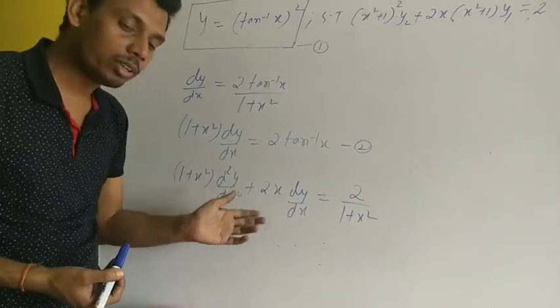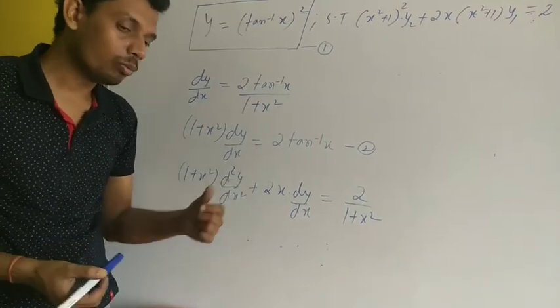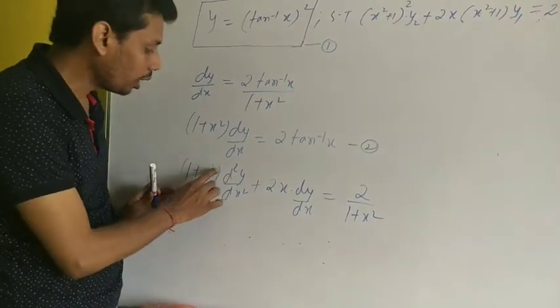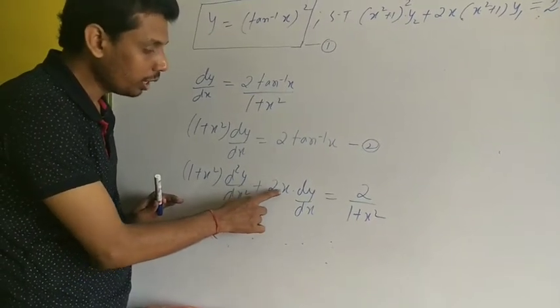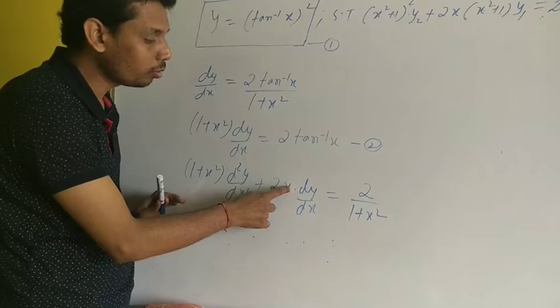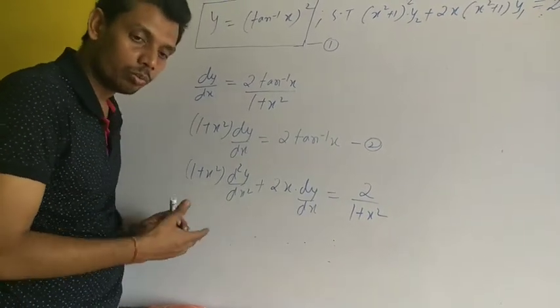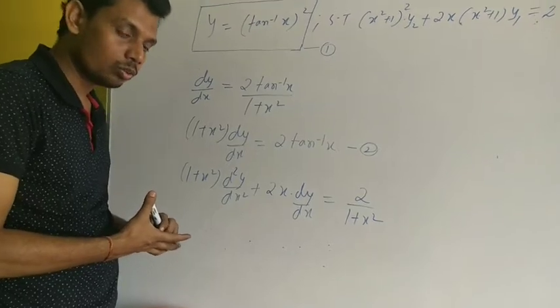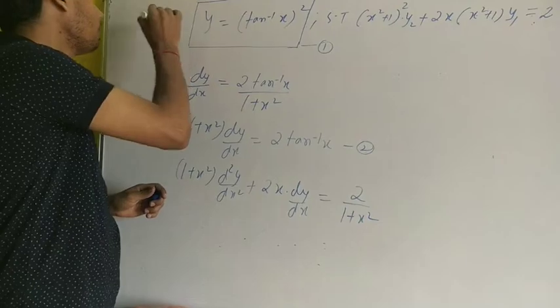If we bring this 1 plus x square to LHS, we will get (1 plus x square) whole square d square y by dx square plus 2x into (1 plus x square) dy by dx is equal to 2, and that is what we have to prove. So here we get the result. So this was the last question, question number 17.